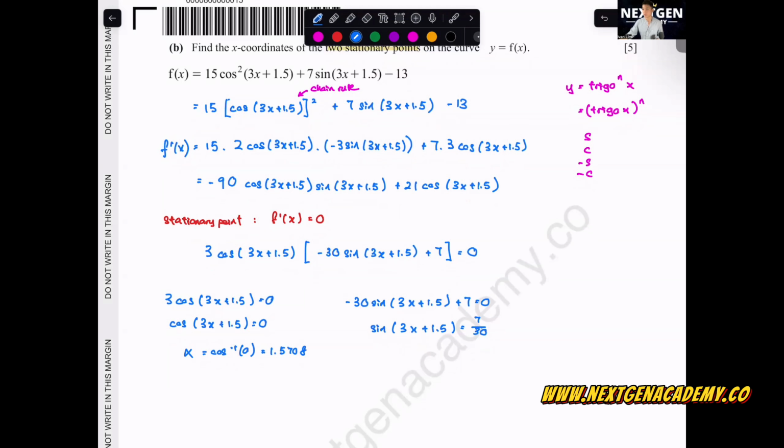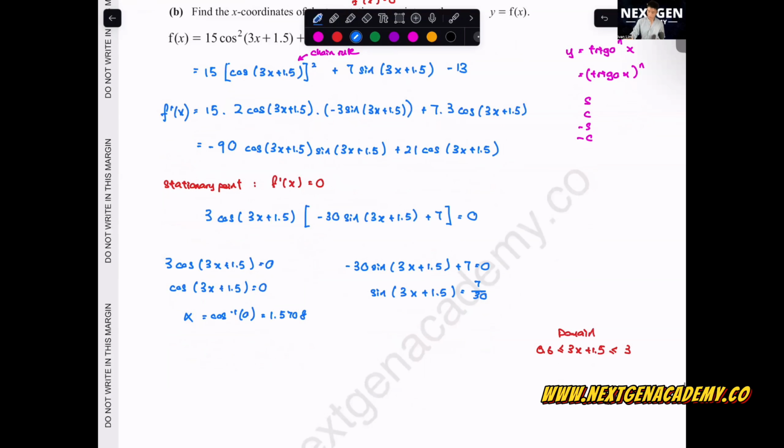We still need to find it within the domain. The domain for 3x plus 1.5 is within 0.6 to 3. So we will take the first and the fourth quadrant. I can tell you it won't be in the fourth quadrant. So based on the first quadrant, 3x plus 1.5 is 1.5708. Fourth quadrant will be out. So for this, 0.0708, x will be equal to 0.0236.